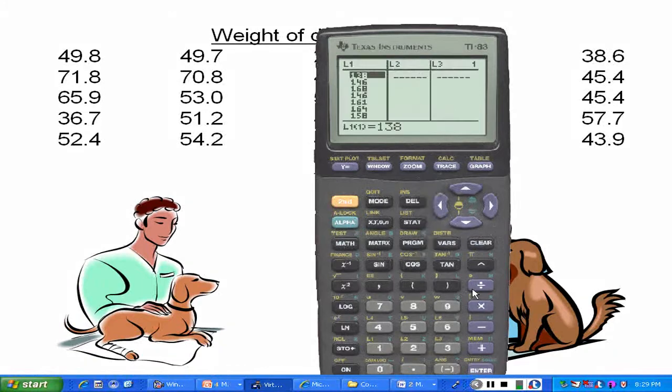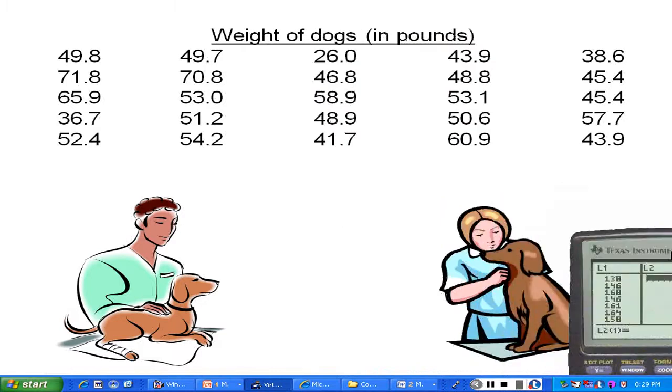So this is what I want you to do. On this, where you got 26.0 at the top in the middle, this one's got 26.6. So where it says weight of dogs and it says 26.6, put 26.0. That's what I was worried about.